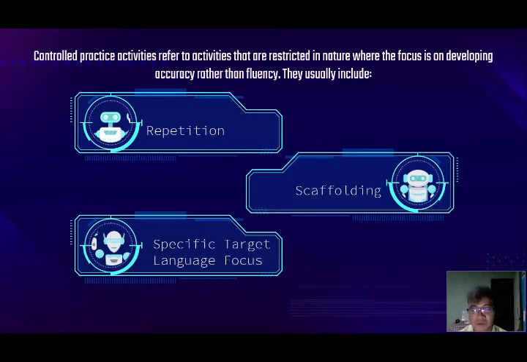This is also a very important one that will enable the students to develop their skills. Another one is specific target language focus. In controlled practice, this is more on the idea of the language. In language, there are certain rules that you're going to follow, especially in English. So there would be specified details as to what are the goals to be accomplished.